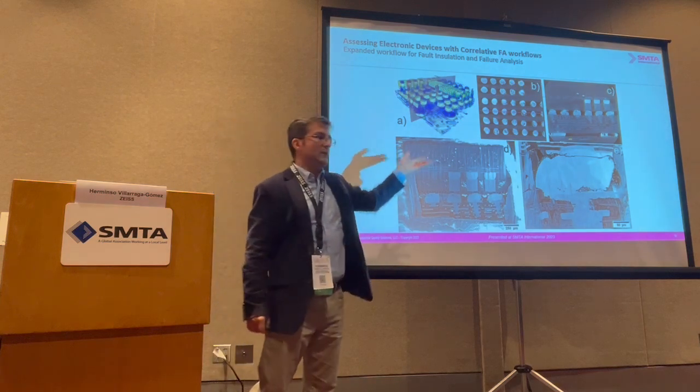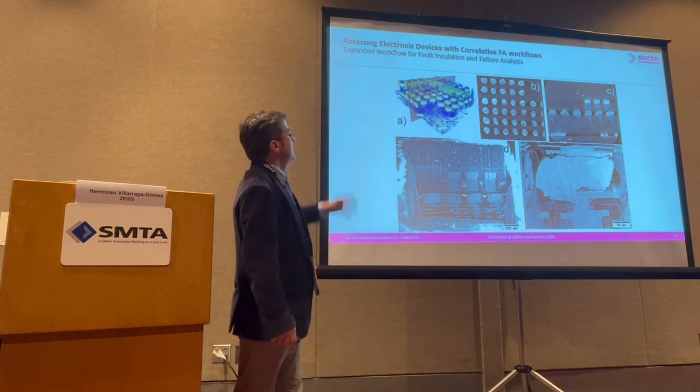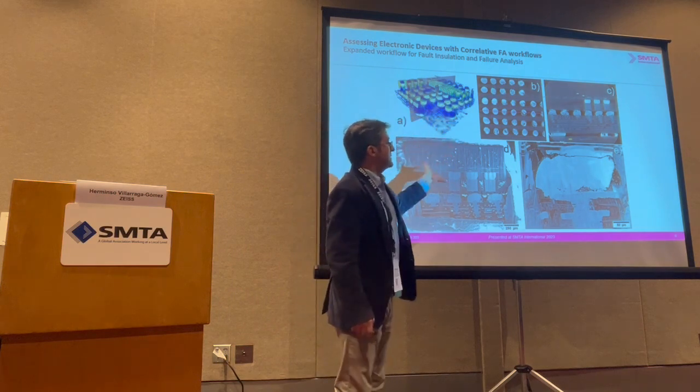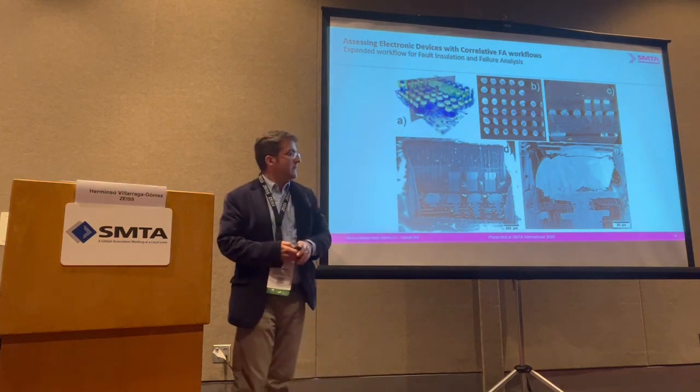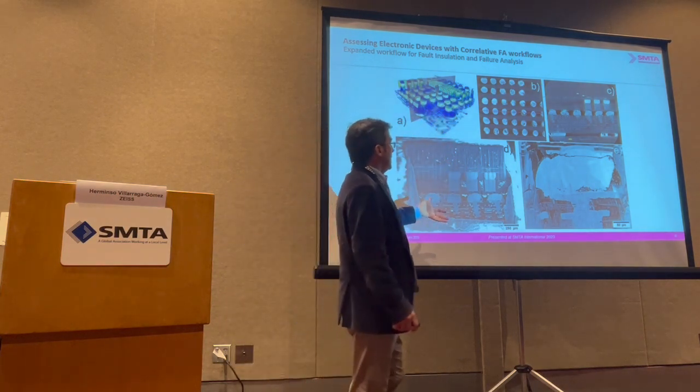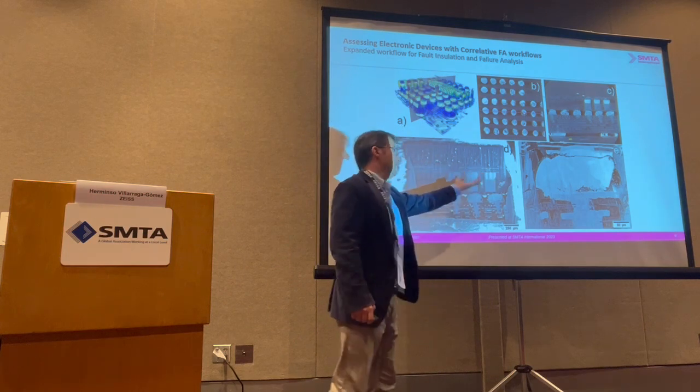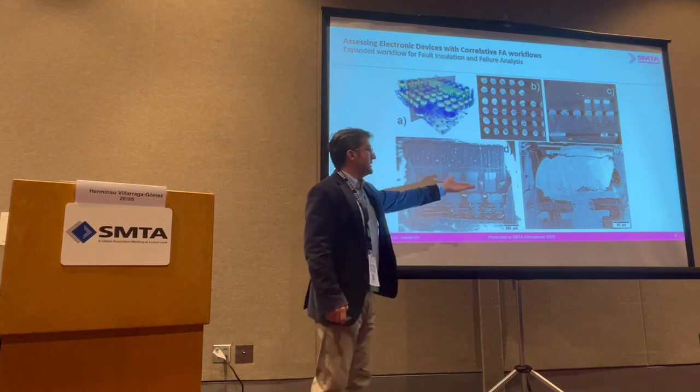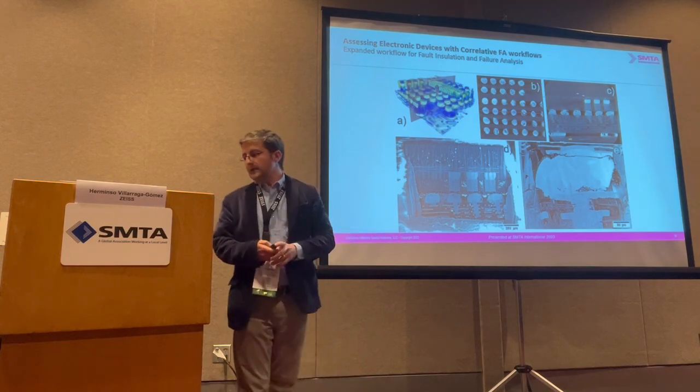And this is just one example of how we've done that, going from X-ray to electron microscopy to identify the features at higher resolution. Of course, this is destructive, but no X-ray system is going to beat the resolution of an electron microscope.